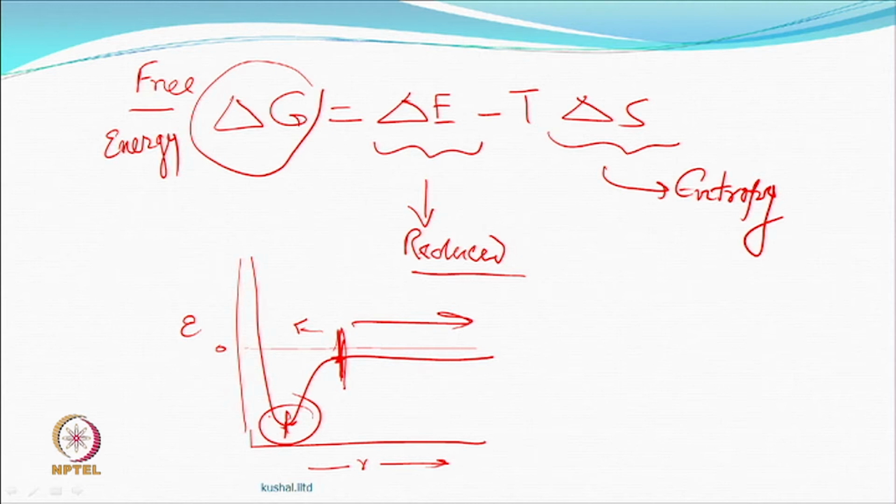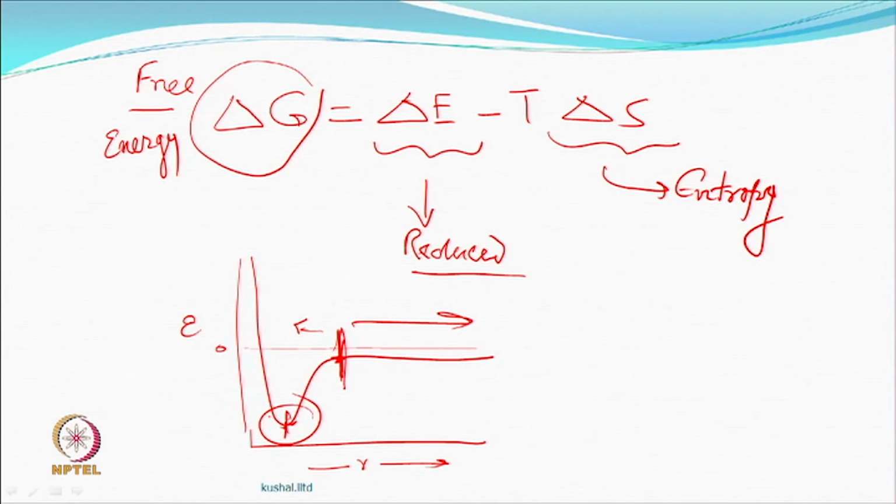Why? Because all masses attract each other, so they come closer. So, coming close is a good idea, but they can't go beyond a certain value, because if you come closer than that, then you have electrons everywhere. So, they start repelling if you come together. So, the energy goes up tremendously.